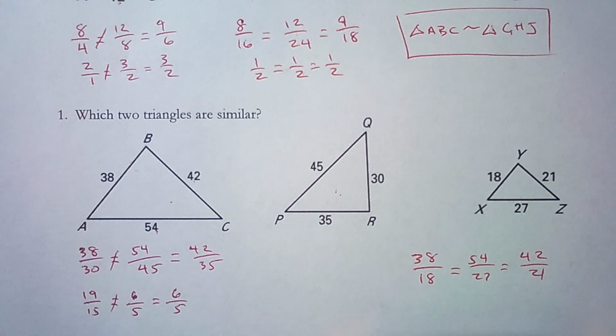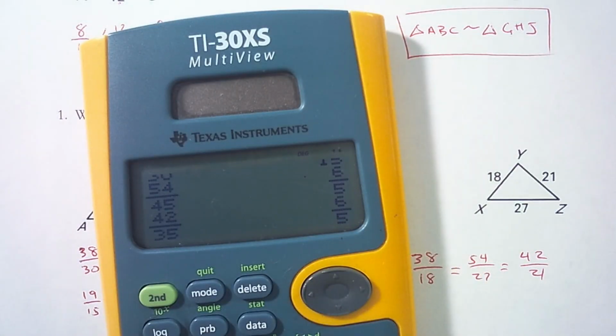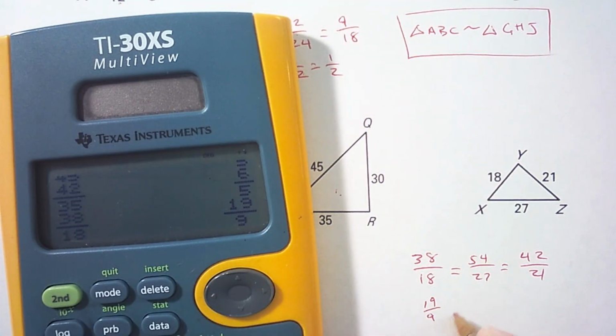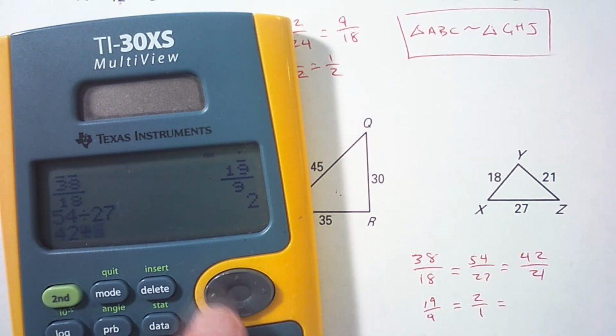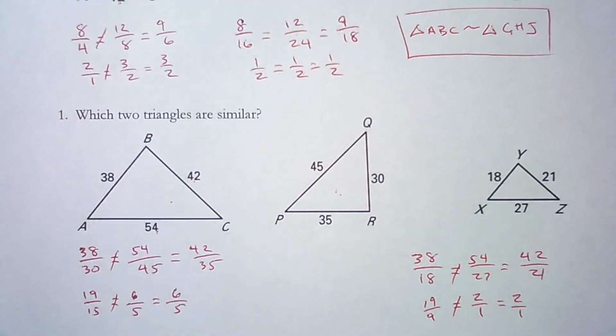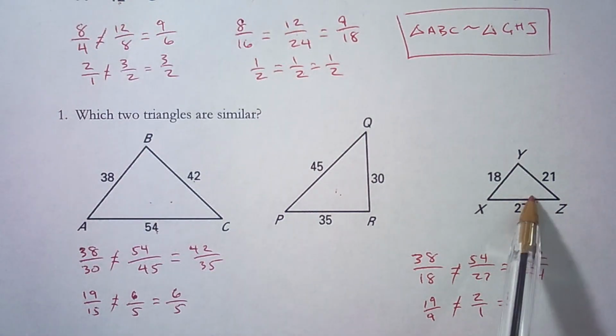So we've got 38 over 18, that is 19 over 9. 54 over 27 is 2 over 1. Not the same. 42 over 21 is 2 over 1. So that 19/9 doesn't match. So the first and last are not similar.